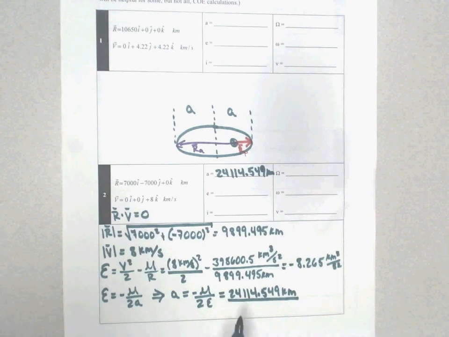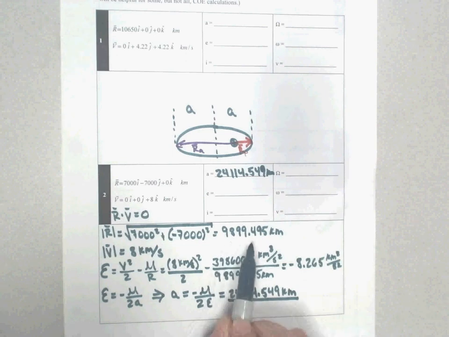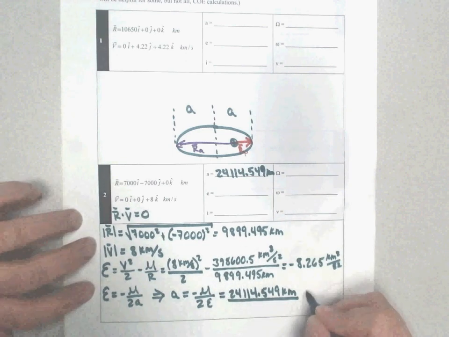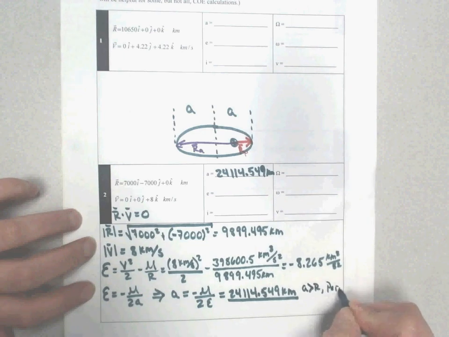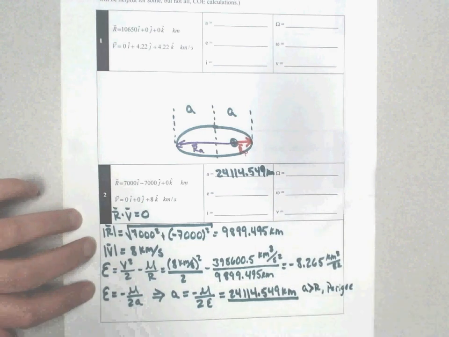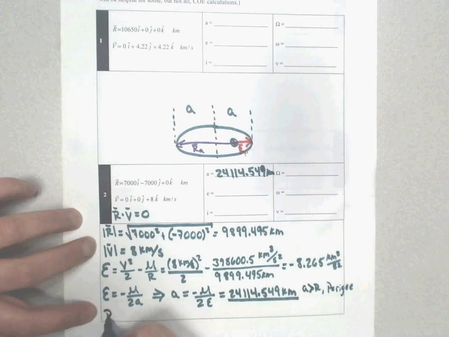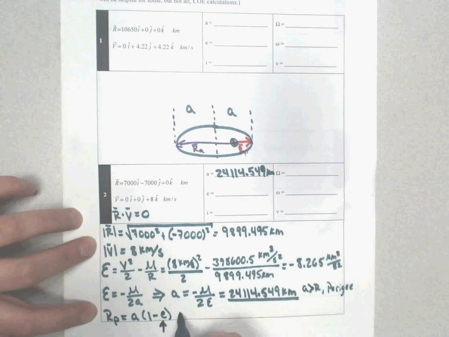In this case, my A is a lot bigger than my R. So I'm at perigee. So the way I find E, my eccentricity, is using this equation. R at perigee is equal to A times 1 minus E. I want to solve for and find my eccentricity.